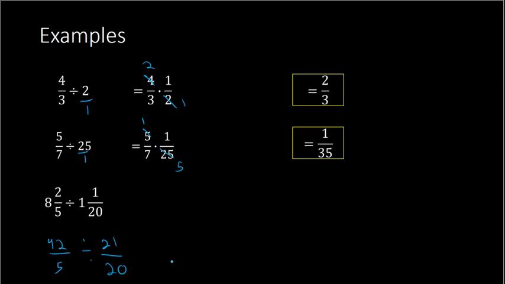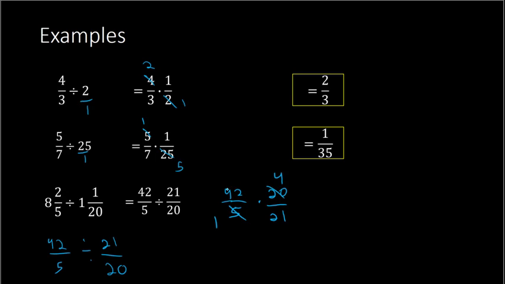So now we have a problem just like we've been working with, where when we divide, we multiply instead by the reciprocal. So we would do 42 over 5 times 20 over 21. So anything on the top can divide with anything on the bottom. 5 and 20, you can divide both by 5 to get 1 and 4. 42 and 21, notice that 42 is twice 21.